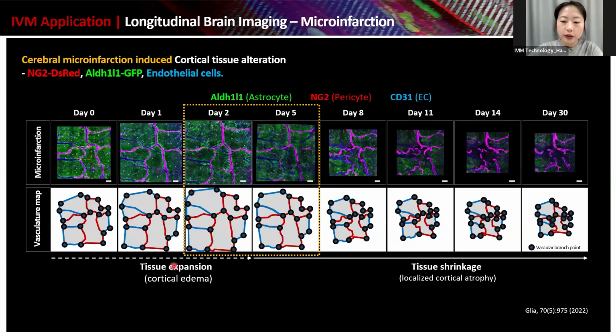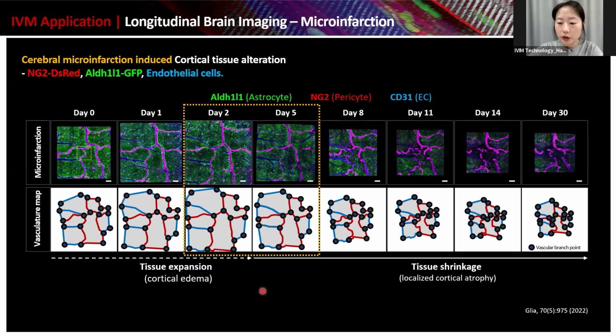Further, we visualized the same location of the brain to see the cerebral vasculature changes from day 0 through day 30. Following photothrombosis induction, we initially observed signs of brain swelling, likely driven by acute inflammatory responses.